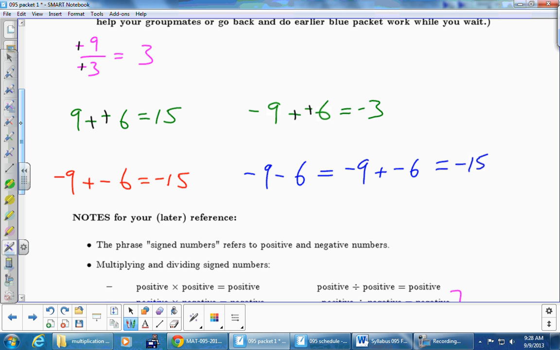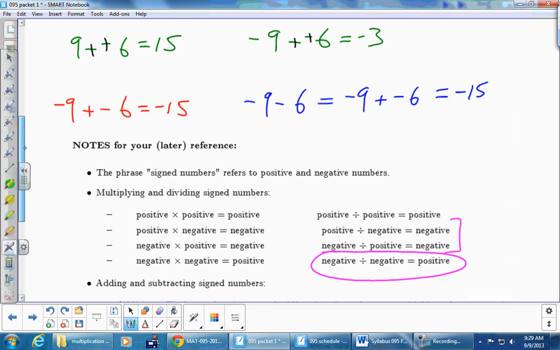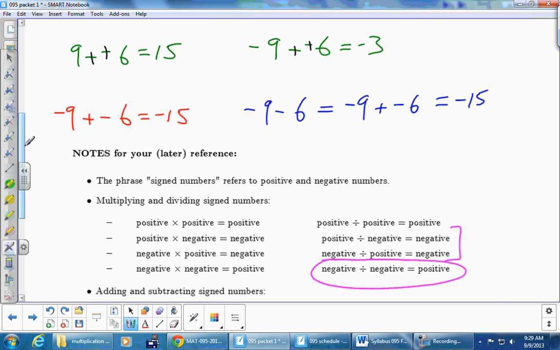Subtracting a negative is the same as adding a positive. And then the bottom one says subtracting a positive is the same as adding a negative. That was this blue. We were subtracting +6, which is the same as adding -6. Okay? So every subtraction can right away turn into addition.